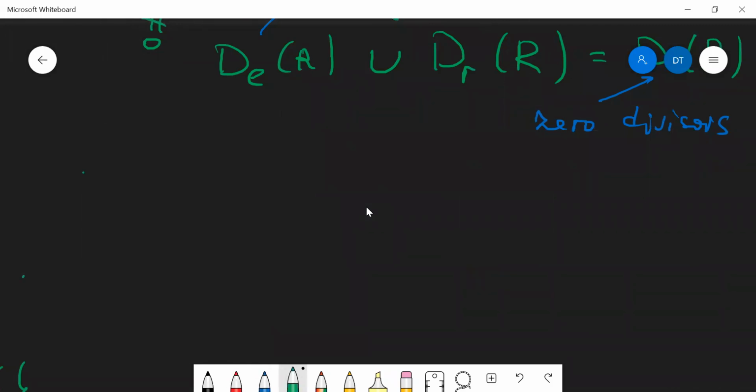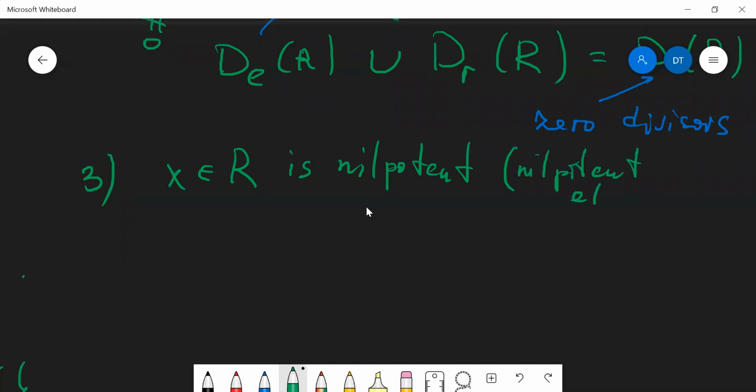Let's move to the next thing. Here I want to define a nilpotent element. An element X from the ring R is called nilpotent, or a nilpotent element, if there is a natural number n such that x to the n equals 0.